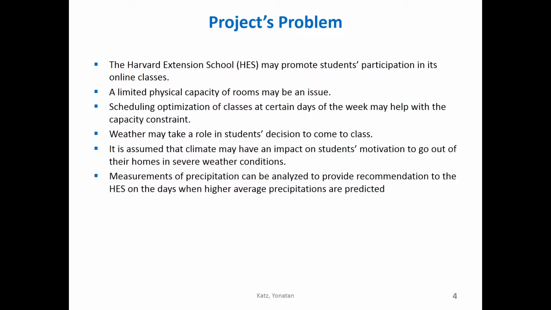Weather may play a role in students' decision to come to class. It is assumed that climate may have an impact on student motivation to go out of their homes in severe weather conditions. Measurement of precipitation can be analyzed to provide recommendations to the school on the days when higher average precipitation is predicted.